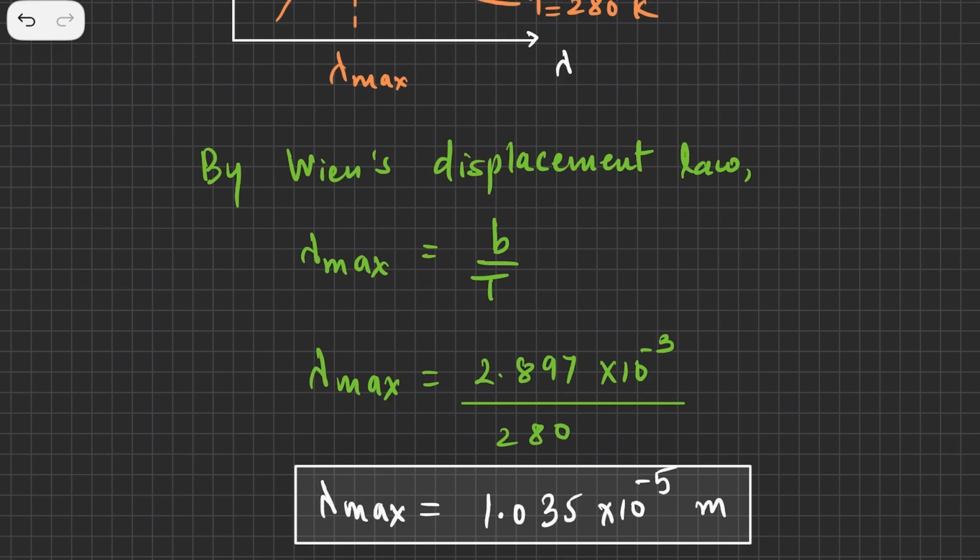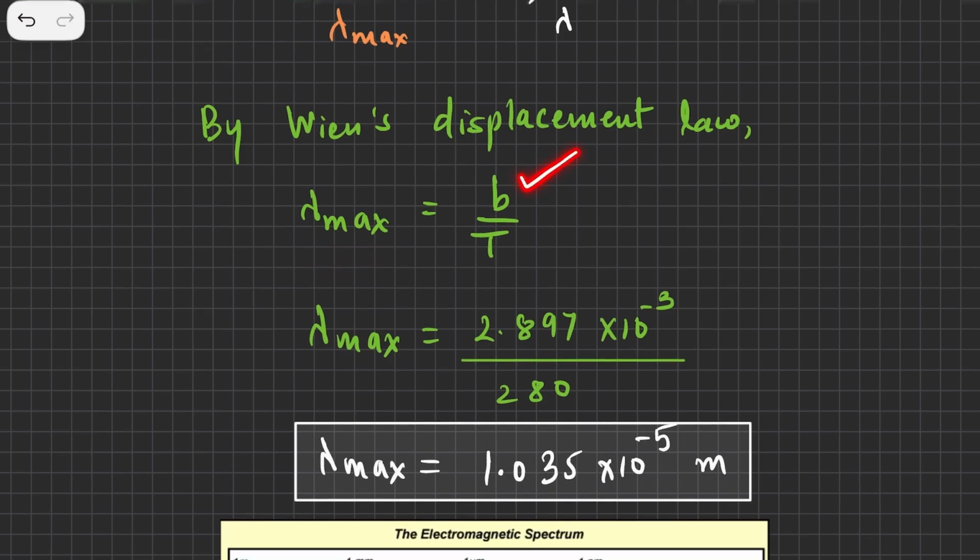The second question was to find out the wavelength. Wien's displacement law is lambda max equals b by T. b is the displacement constant, that is Wien's constant, 2.897 times 10 raised to minus 3. Temperature is given as 280, and we are supposed to find lambda max. How you solve this totally depends on your board.